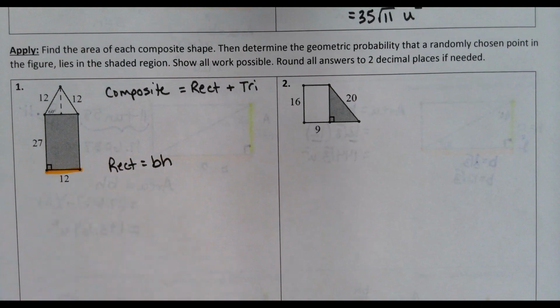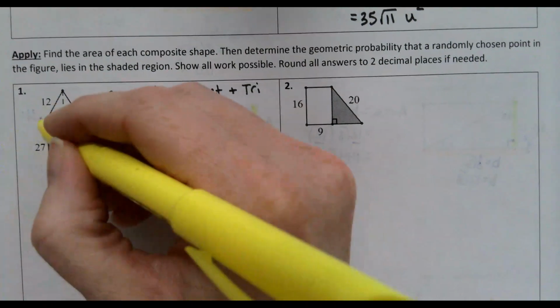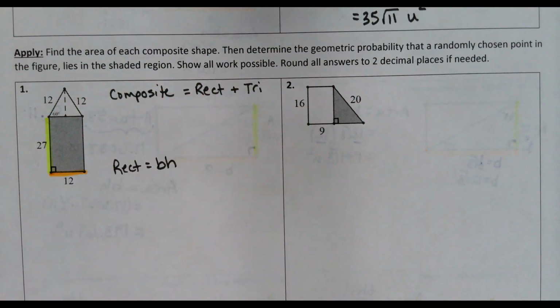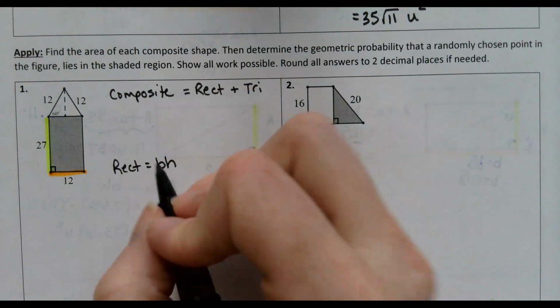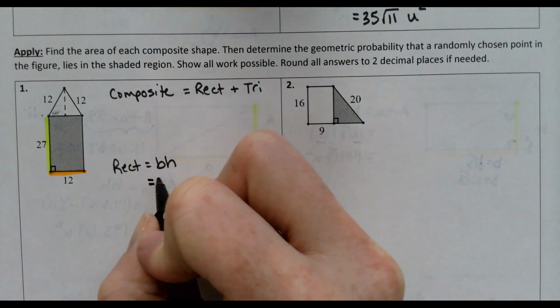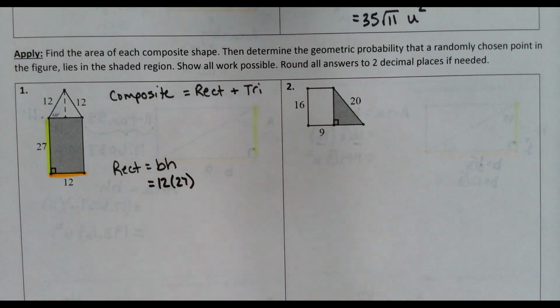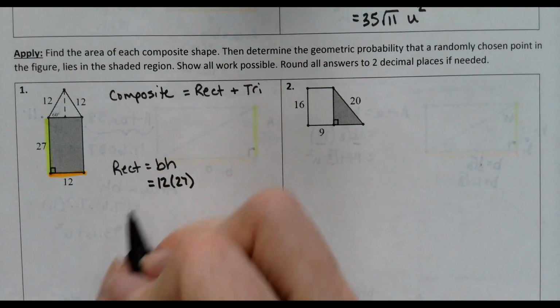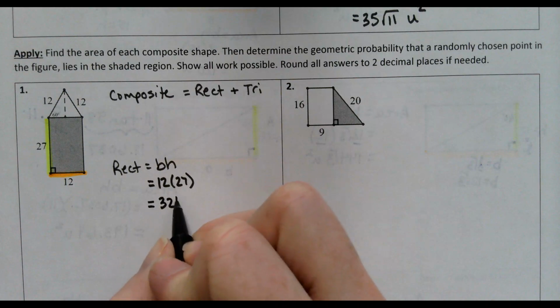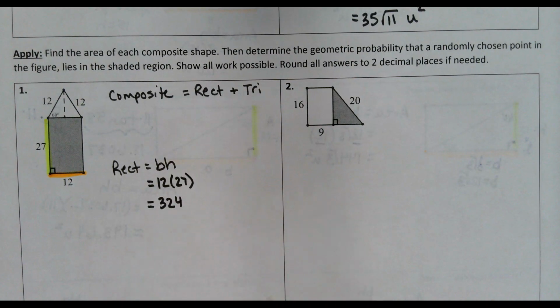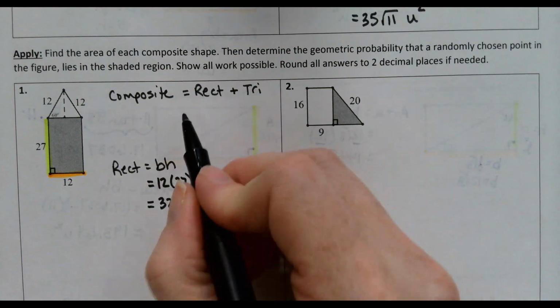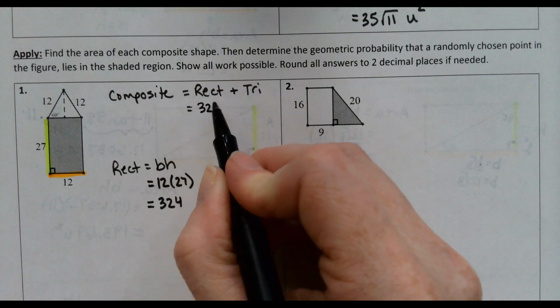I see that as being my base, and then I see that perpendicular side there as being the height. So that part looks relatively simple. We're going to do 12 times 27, and 12 times 27 is equal to 324 square units, of course. That's the rectangle part. So we are part of the way there.